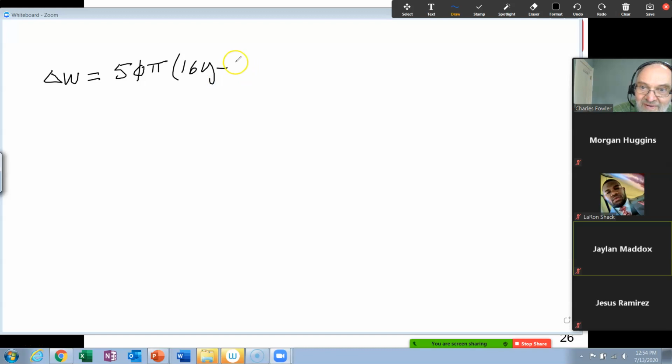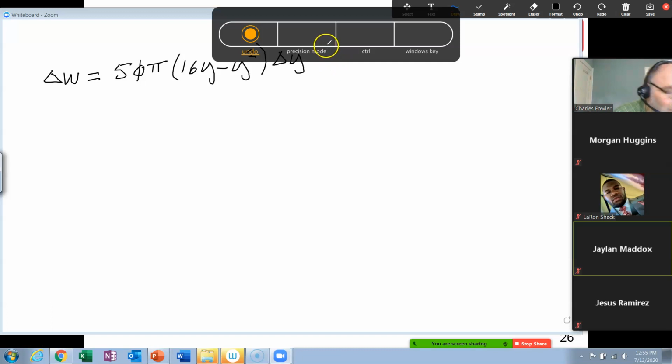Now that's yet another whole problem that we already talked about, times your delta y, which I would just as soon not put here, but because the book did I would, and then you're multiplying that by the height that it was raised, and that was your 16 minus y.